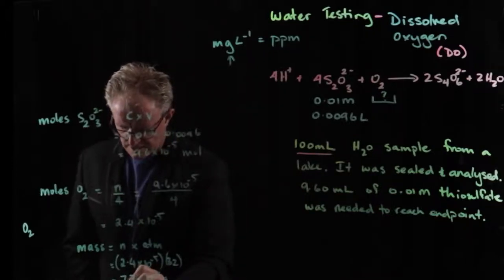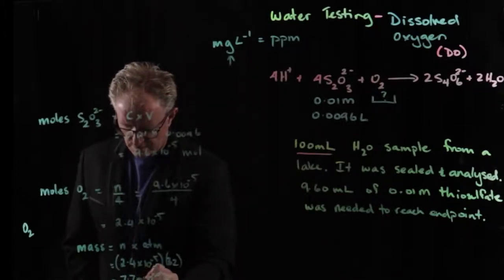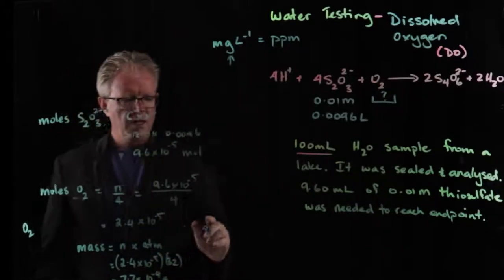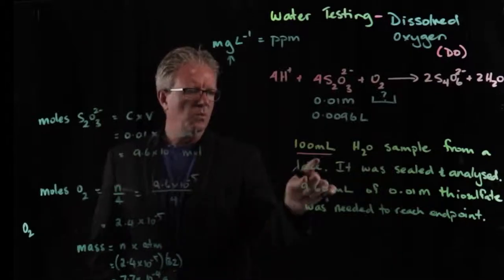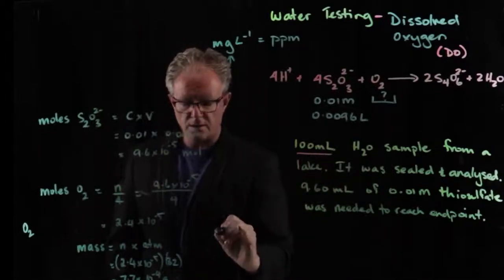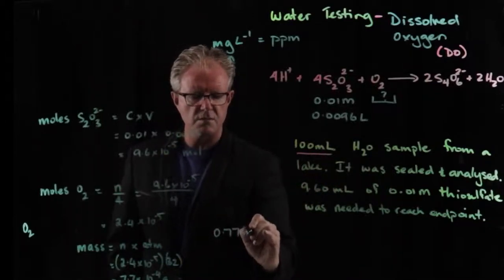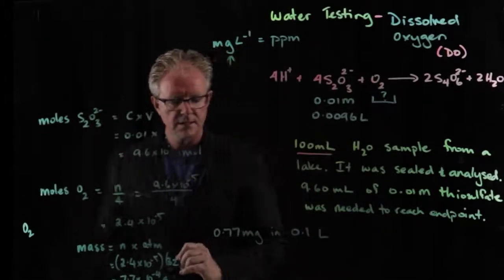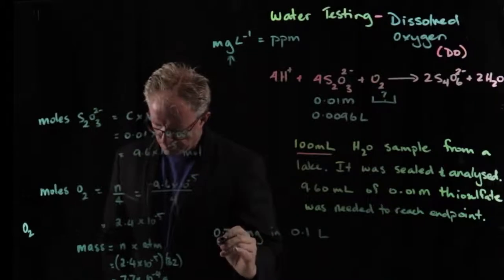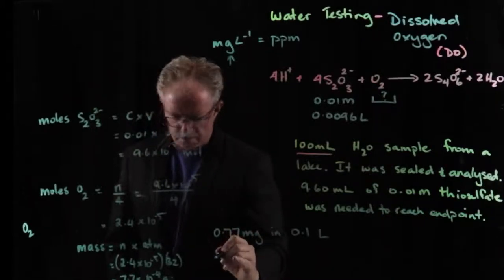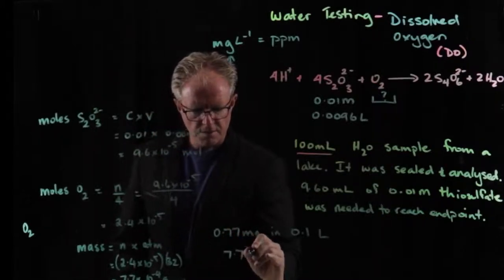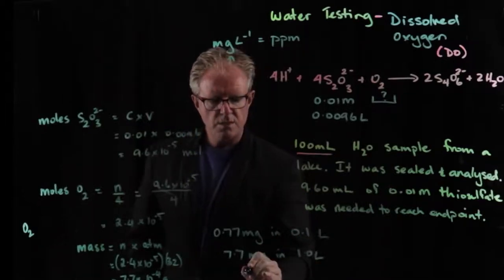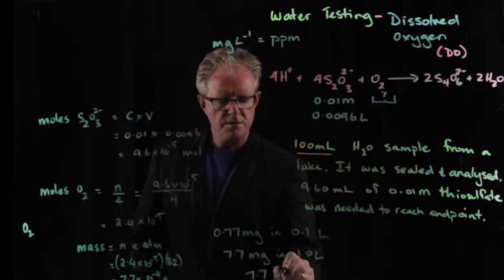And that's the same as saying 0.77 milligrams. Now remember, that was in our 100 mL water supply, so we're saying 0.77 milligrams in 0.1 litres. So we divide both sides by 0.1, and so we get 7.7 milligrams in 1 litre, which is 7.7 parts per million.